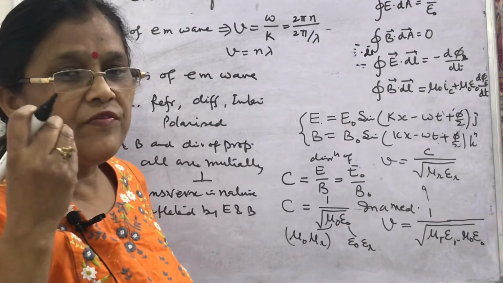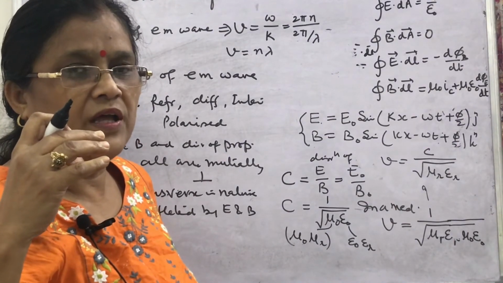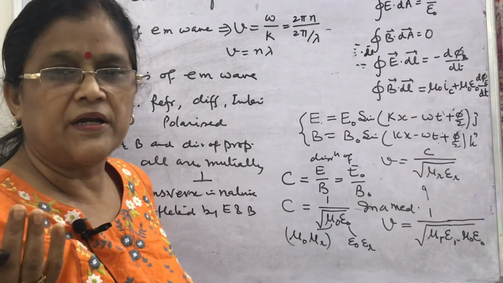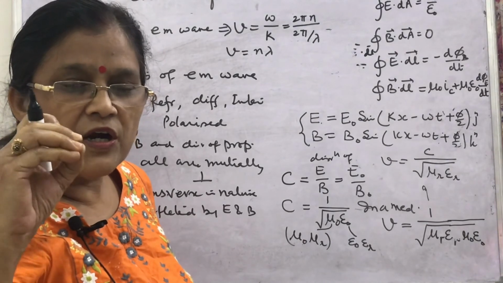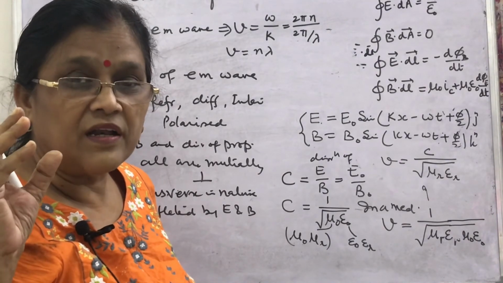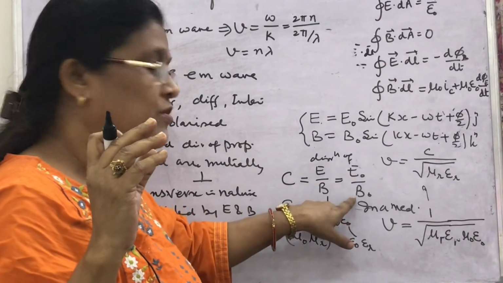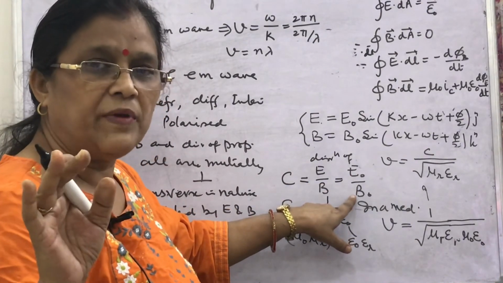So the optical effect is responsible for vision. Then in EM waves, electric field and magnetic field both are there. Which field's contribution is more? How will you decide? We have read the formula c equal to E naught upon B naught. This is the maximum value of electric field and this is the maximum value of magnetic field.